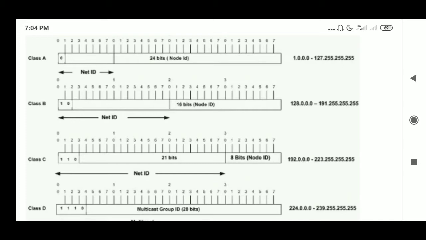In the last class, we discussed classful IPv4 addressing, in which we studied that class A IP addresses have 24 bits for the host IP addresses and 8 bits for the network ID, in which the most significant bit is set to 0.